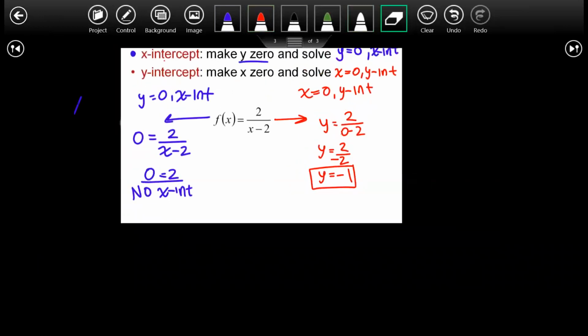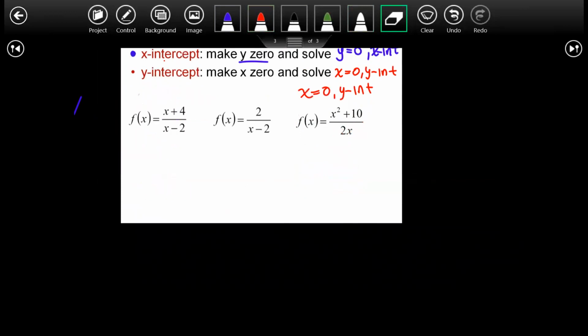Our last and final case, we're going to look at another version. So 0, 1, or 2 different cases. For our last case, we want to look at this function. We're going to say y would be equal to 0 for an x-intercept.